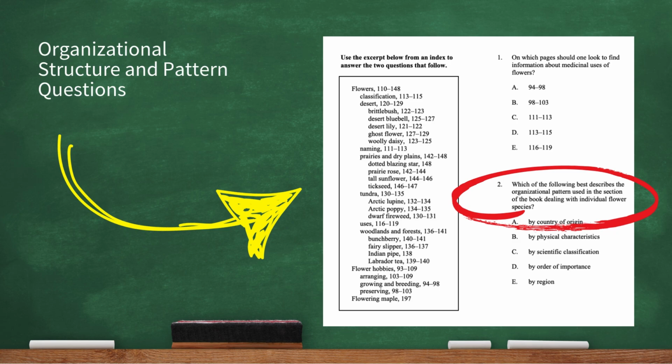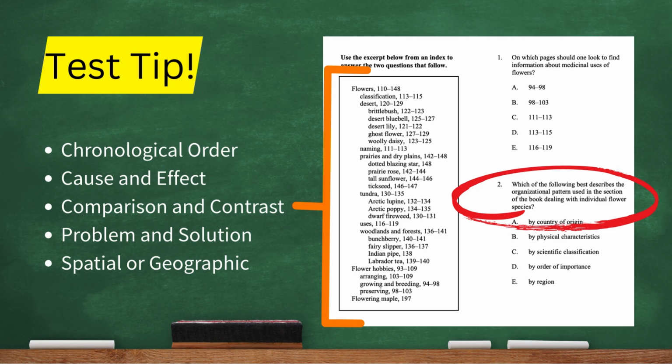So now, while taking your exam, if you discover a question about text organization, be on the lookout for your answer options A through E. Notice that with the reading subtest for the CBEST exam, all of these have 5 answer options: A, B, C, D, and E. Now if you receive an organizational structure or pattern type of question, look for different words within these contexts, such as chronological order, cause and effect, comparison and contrast, problem and solution, or spatial and geographic. All right, now let's move on to our next question type.